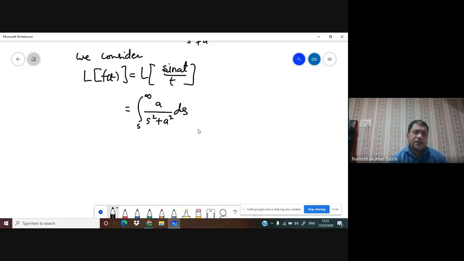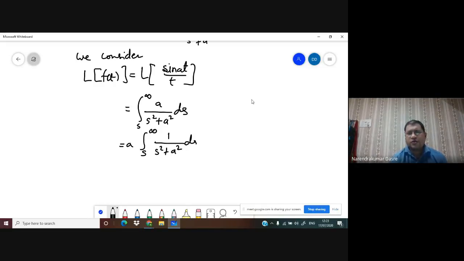Please be careful: here we are integrating with respect to s, so our variable of integration is s, and a is a constant. I have the integral from s to infinity of 1 upon s square plus a square ds.